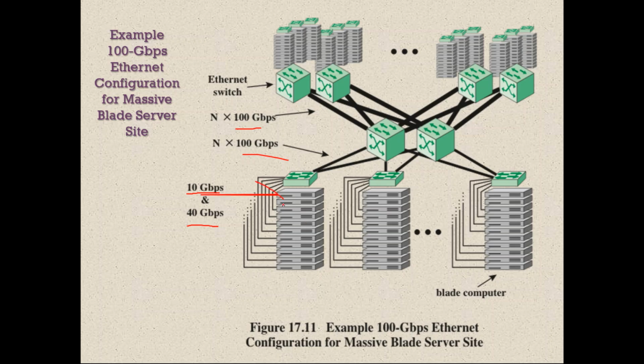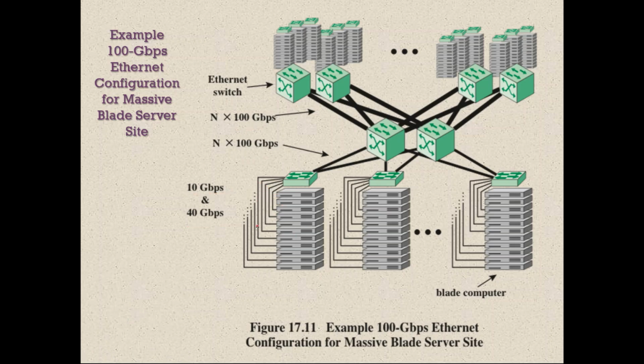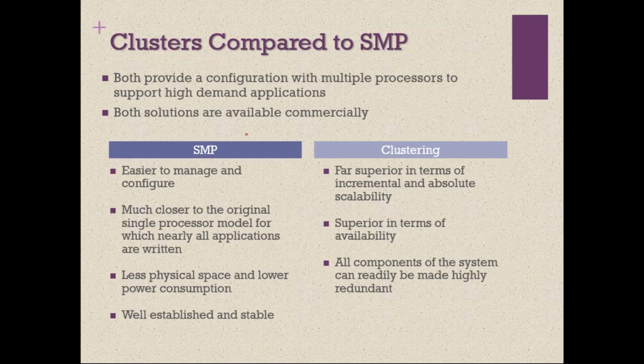This is one blade, this is another blade. Each blade will have its own processor, memory and hard disks. Each blade can communicate with other blades at a data rate of 10 gigabits per second or 40 gigabits per second, and the switches communicate at the rate of 100 gigabits per second.